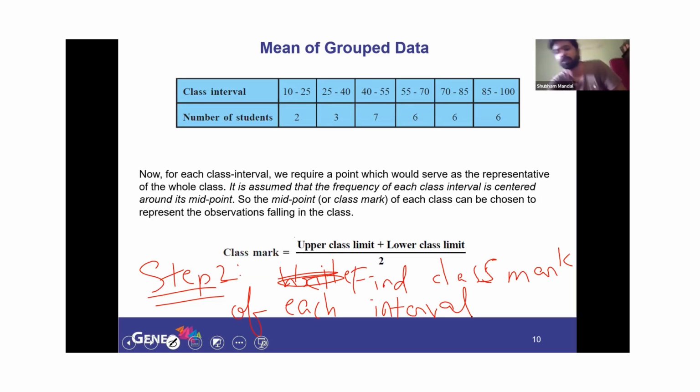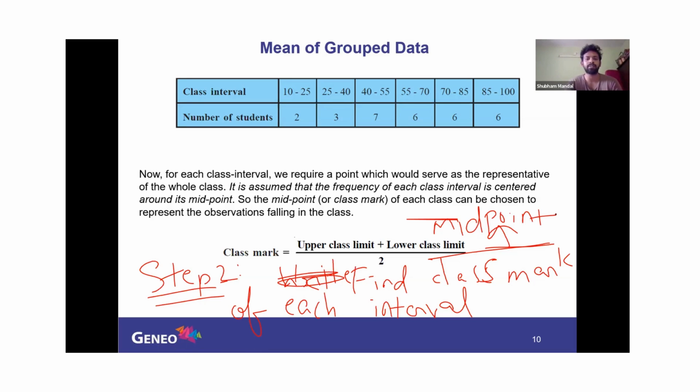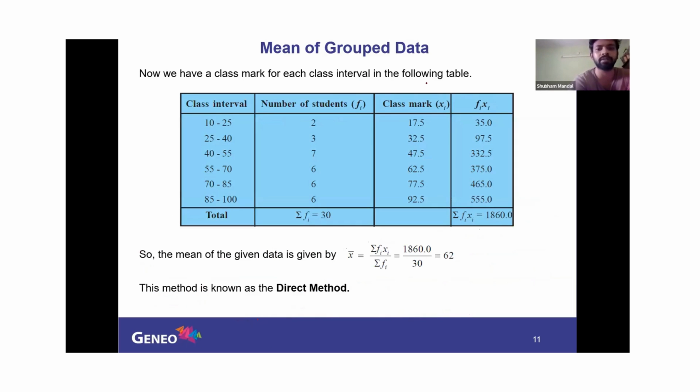Step two is find the class mark of each interval, which is also the midpoint of each class interval. This midpoint, the class mark, is upper class limit plus lower class limit divided by 2. So now you will get this whole table.